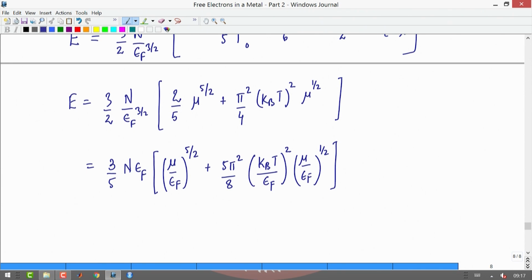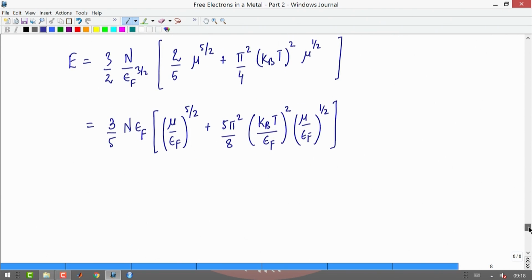Okay. So, I can see the terms inside the parenthesis have become dimensionless. Each energy scale is divided by another energy scale. What has happened is that outside the parenthesis now the energy scale has come, that is the Fermi energy, which sets the scale for my total energy. Okay. So, I can say that this is my expression for energy.